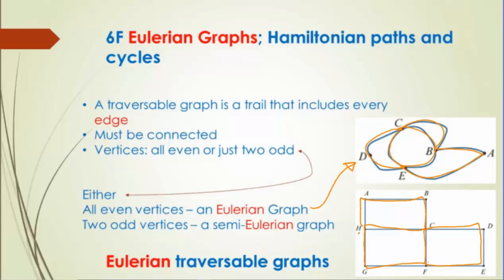So if I ask you in a test, is this a semi-Eulerian graph or is it a Hamiltonian circuit or whatever, you will know which is which. It's got to be traversable. If it's traversable and it's got all even vertices, it's an Eulerian graph. If it's got 2 odd vertices, it's a semi-Eulerian graph.